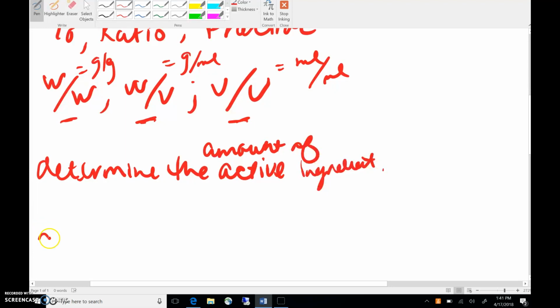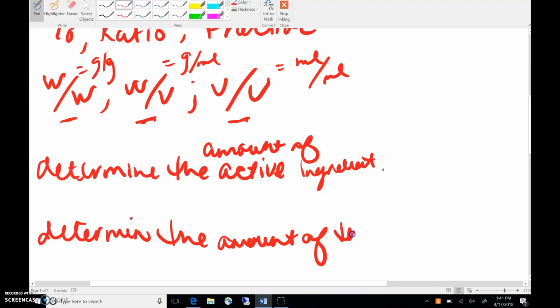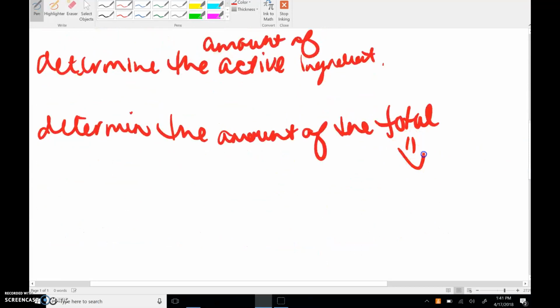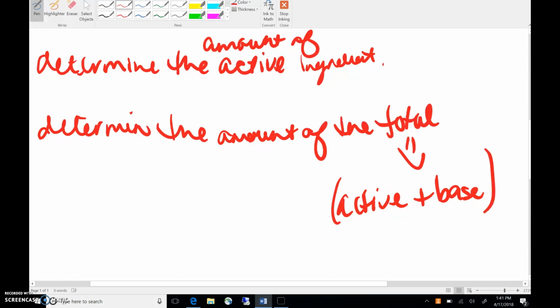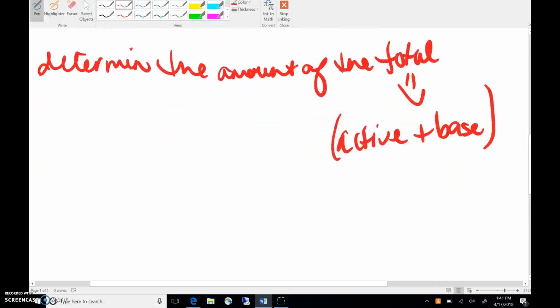Or you may have to determine the amount of the total, which consists of what? Your active plus your base. So when you're solving a concentration problem, you have to keep in mind that they're going to give you 1 concentration.